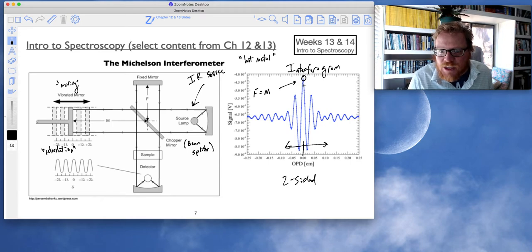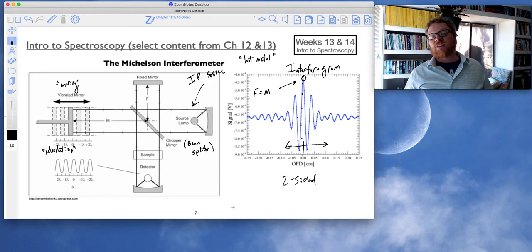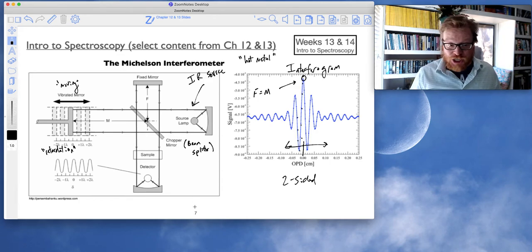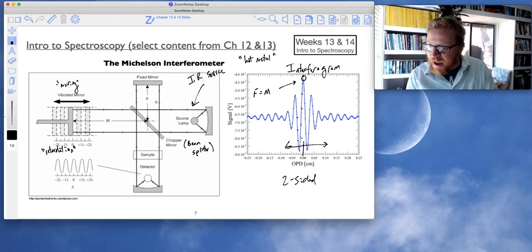Because as you can see, each one of those data points right there will give us a unique combination of wavelengths that make it through and onto the sample.